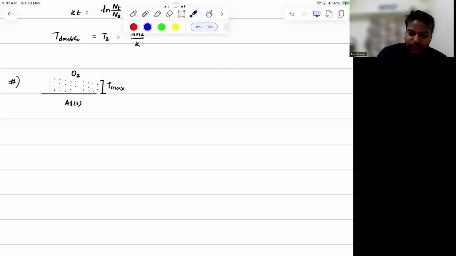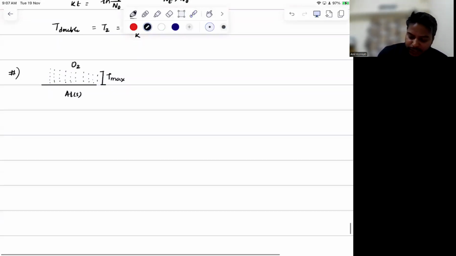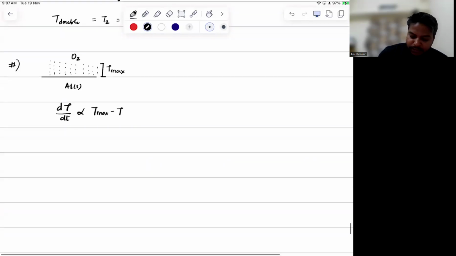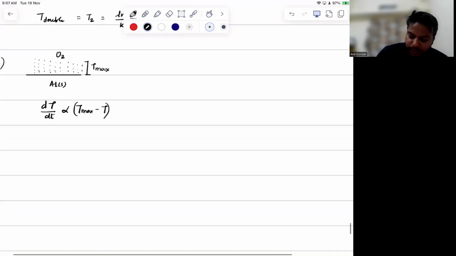metal surfaces. So in that case, we can write d tau by dt is directly proportional to tau max minus tau. So we can write d tau by dt is equal to some k into tau max minus tau.